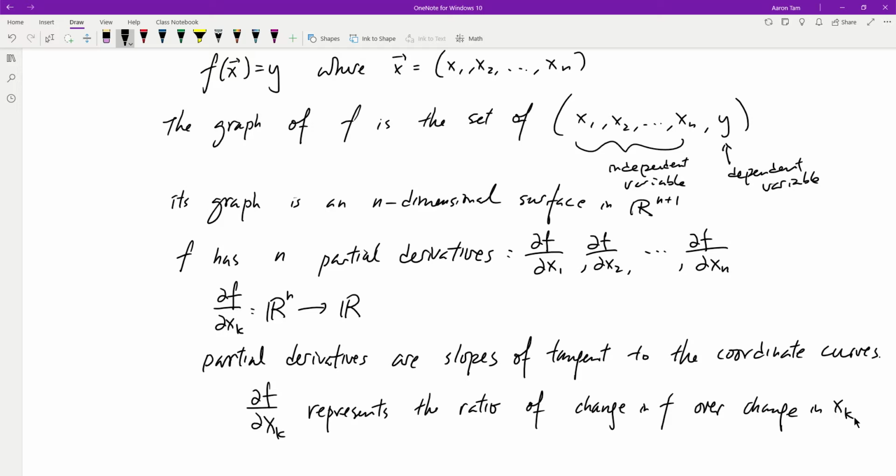So this is pretty much everything that we know so far about several variable functions.